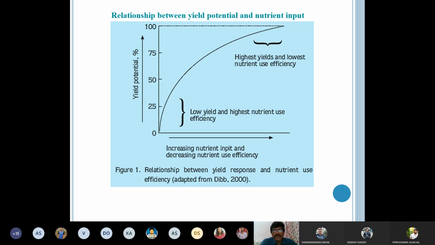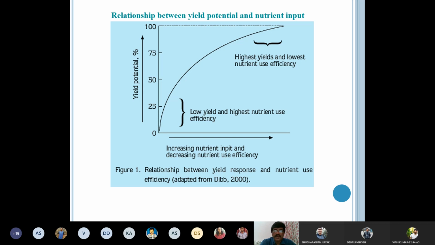So this is the problem: as you apply more nutrient, the yield increases, but at the same time the nutrient use efficiency starts decreasing. So we have to find out the levels where you get maximum returns. Then that will be the ideal level.